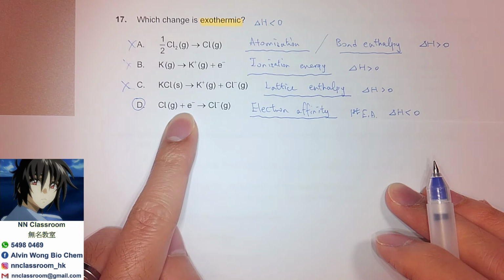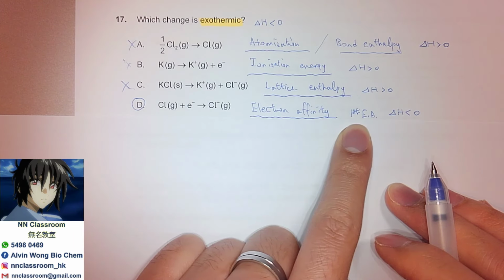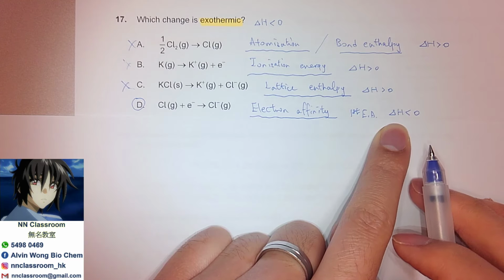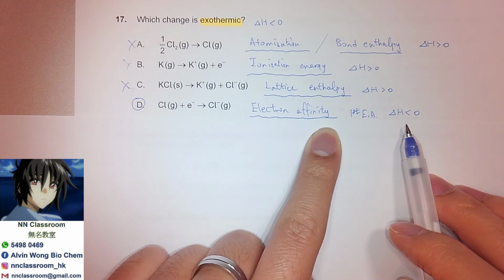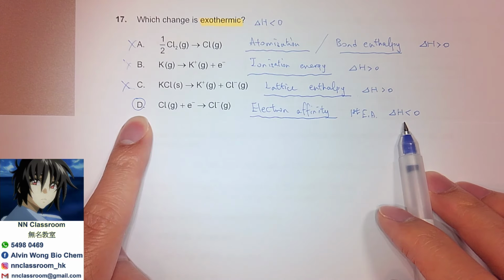So after the acceptance, it becomes a chloride ion. So obviously in this case, it is welcome to do so. So energy is going to be released. So that's why for electron affinity, the first EA must be exothermic. So that's why the answer is D.